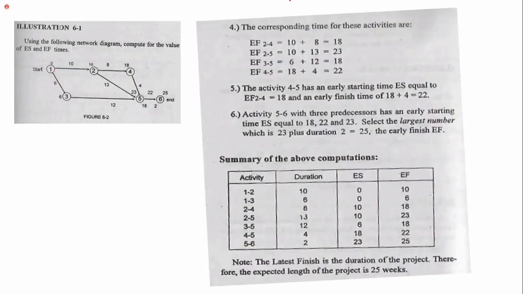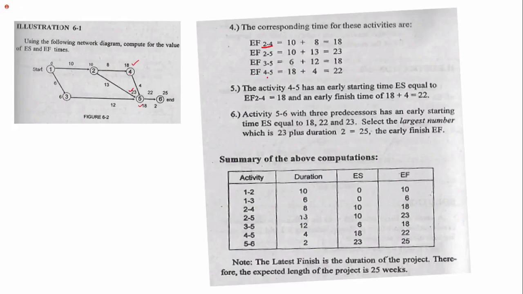And the corresponding times for these activities. So we have early finish for 2 to 4: 18. Early finish for 2 to 5: 23. Early finish of 3 to 5: 6 plus 12, that's 18.